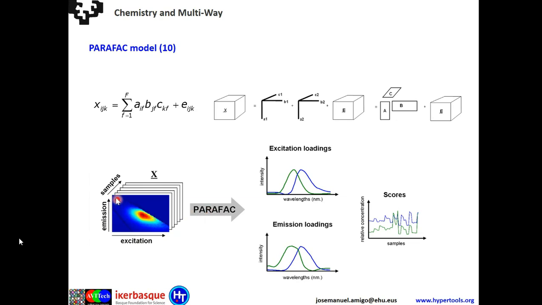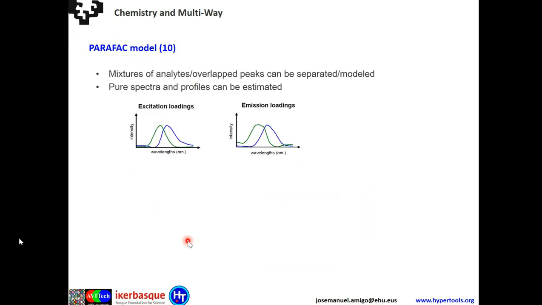So if we have here the excitation emission matrix for one sample, and here we have many samples, what we are going to do is divide this three-way array into the product of these three submatrices: the excitation loadings, the emission loadings that come here, and also a score related to the components that we have just obtained. Okay, so this is basically what we are going to do with these three-way structures.